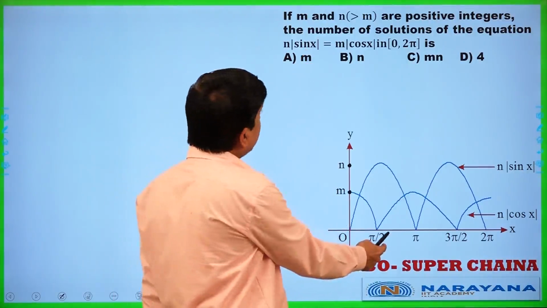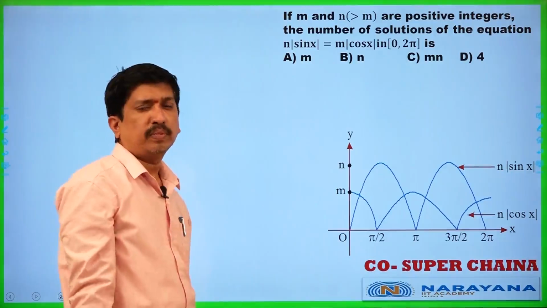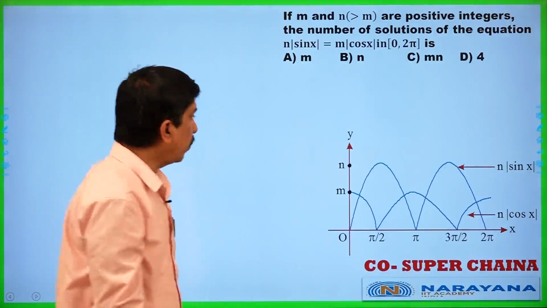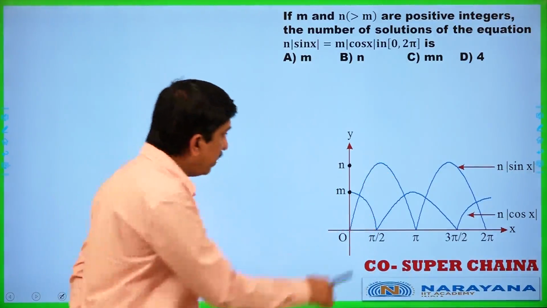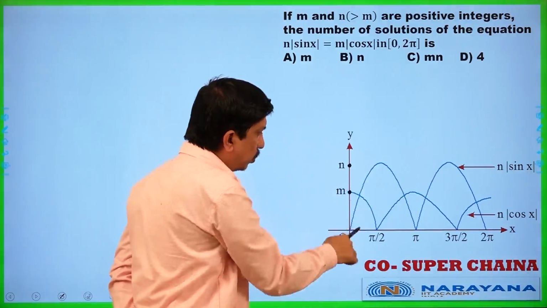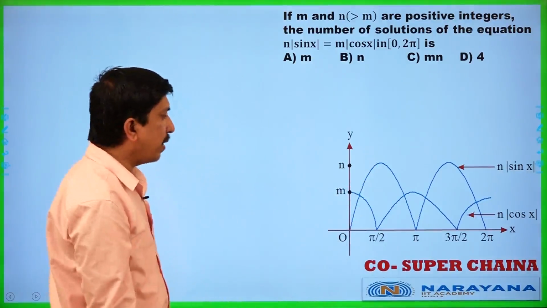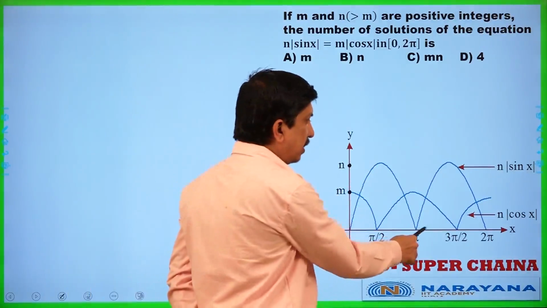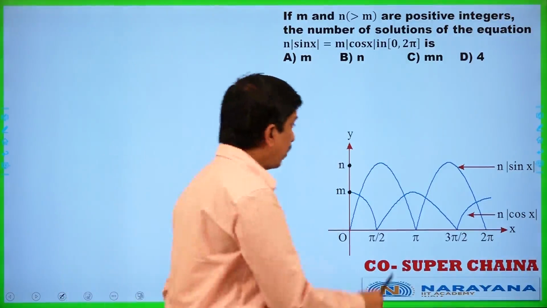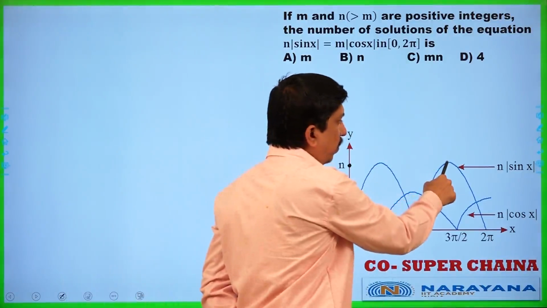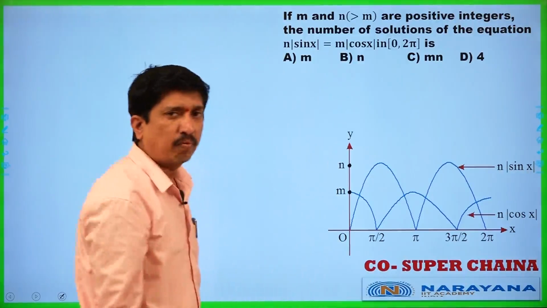Now x = pi by 2, n|sin pi by 2|, sin pi by 2 is 1, n into 1, here you get n only. Is it clear or not? n is always greater than m, and m is here. Now sin pi is 0, and sin 3 pi by 2, with modulus, you will get 1, 1 into n, again n only. So just see the arrow, n|sin x| is that graph.